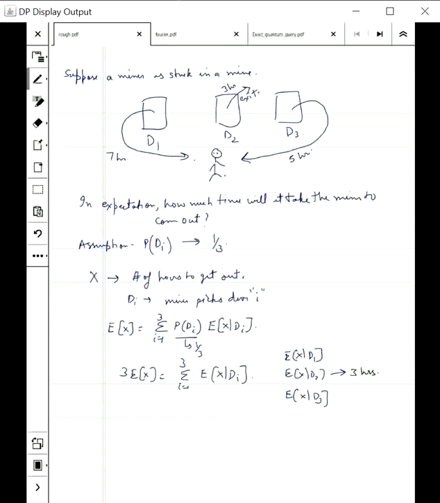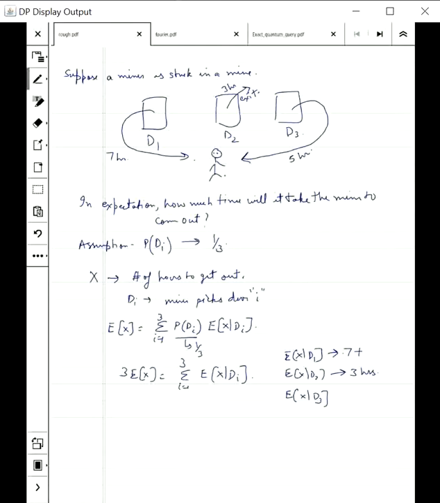What about the expected value of X given D1? Pause the video and think about it. I think the expected value of X given D1 would be 7 plus, since he is back at the starting position, he will still take the same amount of time as before.